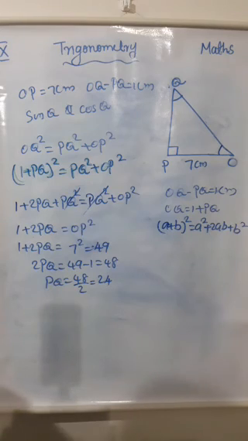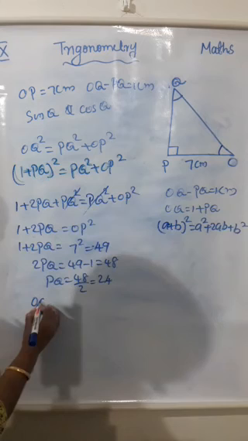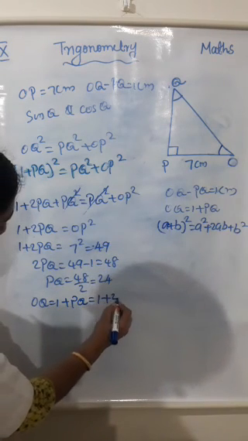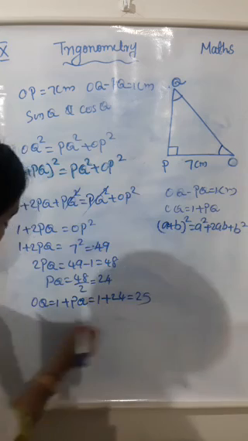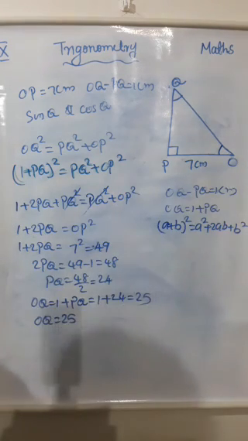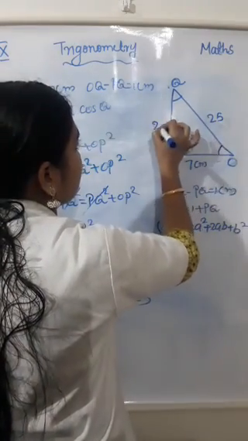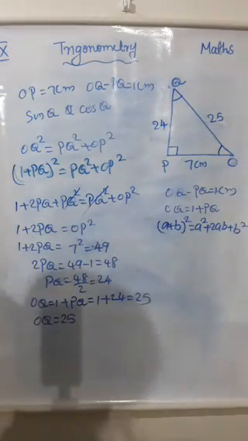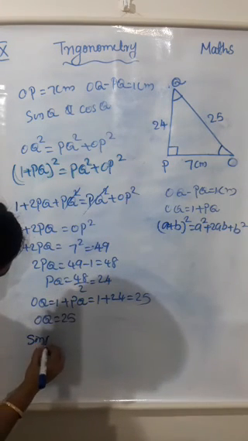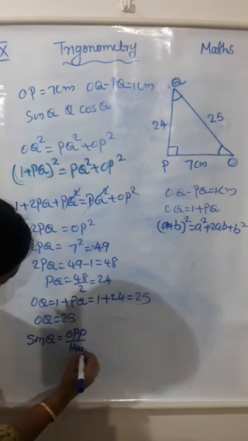Then OQ is equal to 1 plus PQ, that is 1 plus 24 is equal to 25. So OQ is equal to 25, PQ is equal to 24. Then find sin Q and cos Q. Sin Q is equal to opposite by hypotenuse.